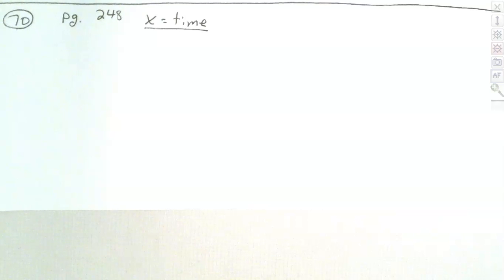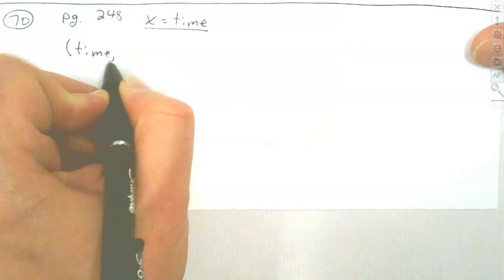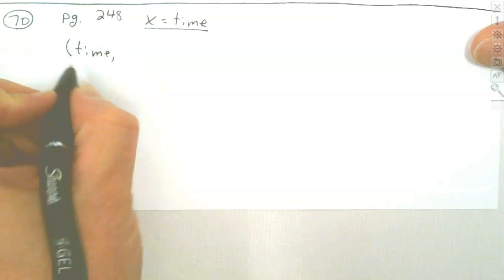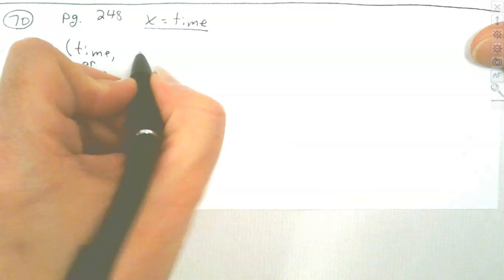Doesn't matter whether you're looking at the number of bacteria in a petri dish. If you graph that, what's along the bottom, along the x-axis, that's your time. Along the y-axis, the up and down part, that's the bacteria. So in this case, x is the year and y is the percent.